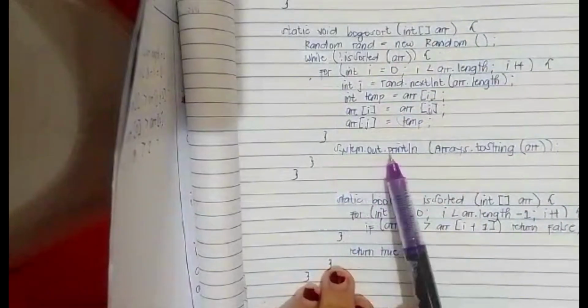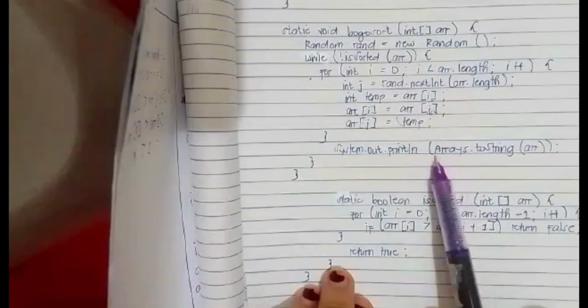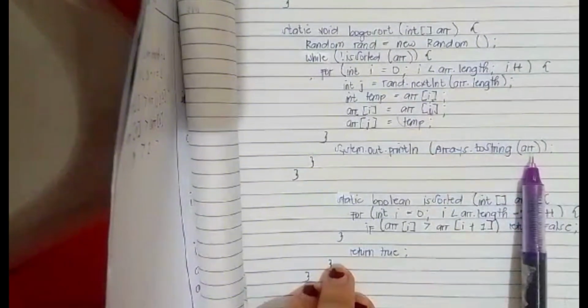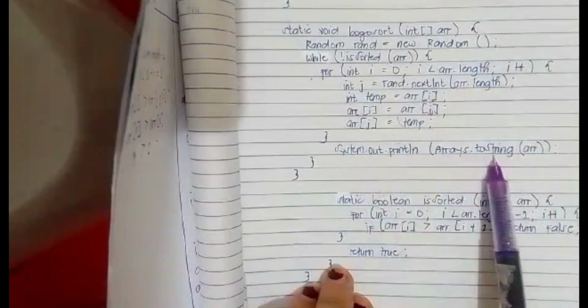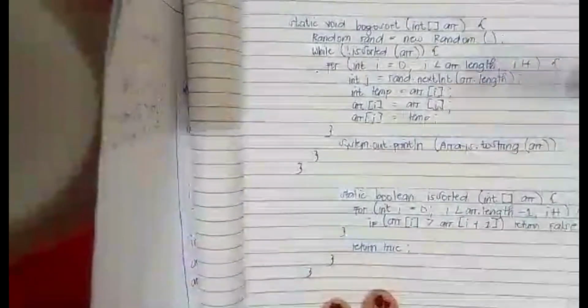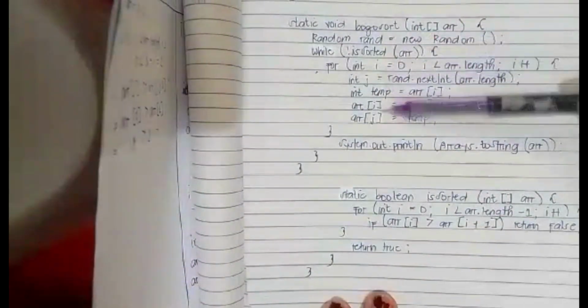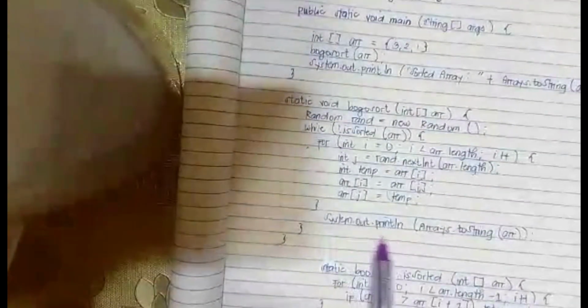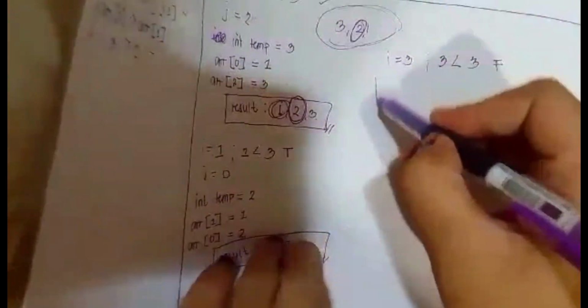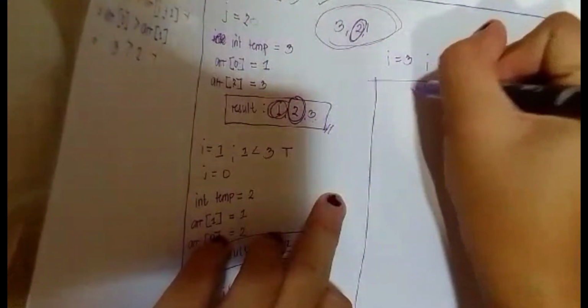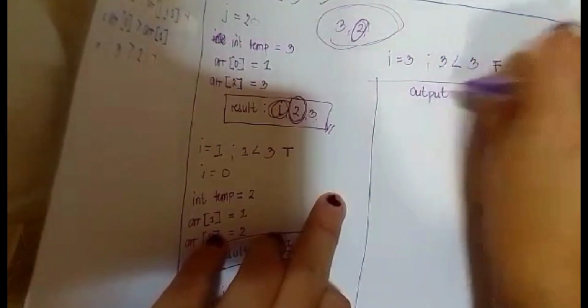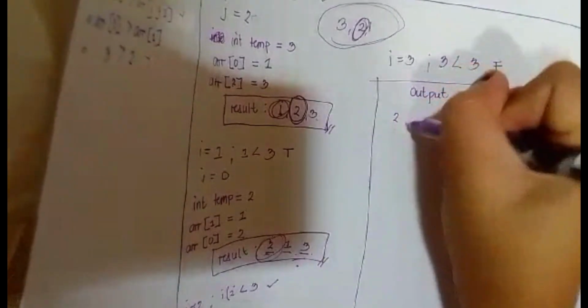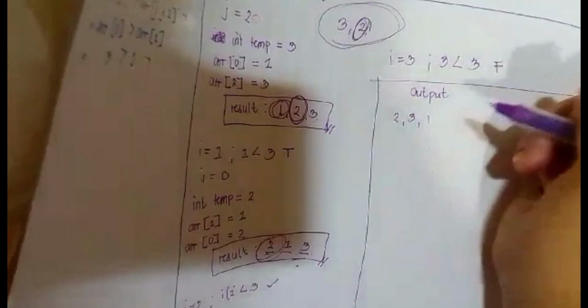Then, ngarit ta system out print arrays to string R. So, ang atong i-print nga array is kung unsa ang last nga array diri sa loop. So, ang last na result is 2, 3, 1. So, muna siya ang atong i-print diri. So, ma-store na siya sa output, which is 2, 3, and 1.